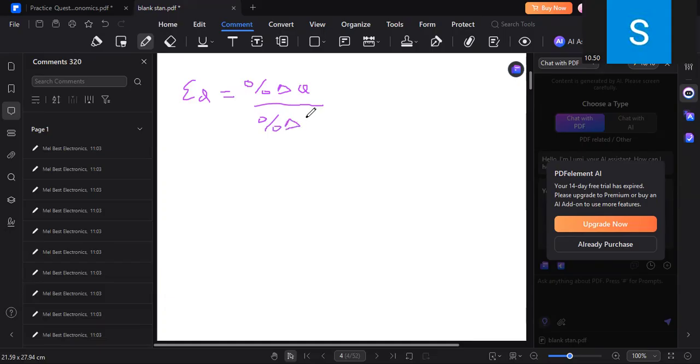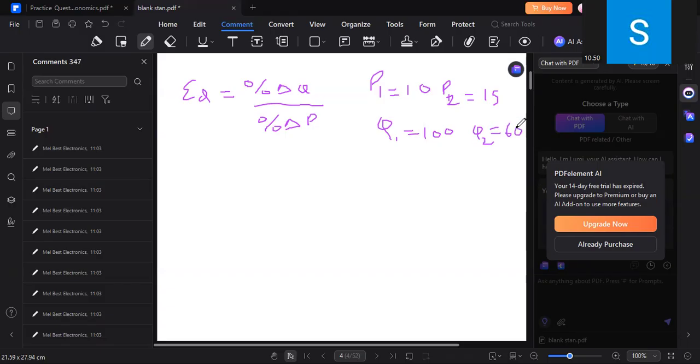So suppose we're told that the price of fuel has increased from P1, which is 10 kwacha, to P2, which is 15 kwacha, causing the quantity demanded to decline from Q1, which is 100 units, to Q2, which is 60 units. Calculate the elasticity of demand.